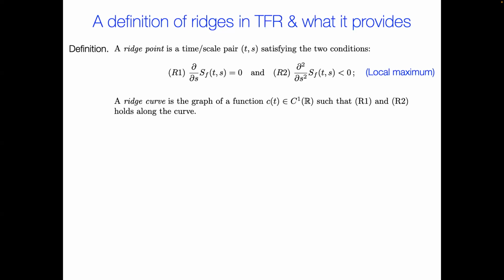In the end of the day, we just want to find local maxima, right? So you just define it. The R1 condition is at each time t, on the scale domain, you try to find a critical point such that this critical point is a local maxima. That is it. And we make an assumption that, suppose you can find it, then the points at all times should be regular C1 because it's smooth.